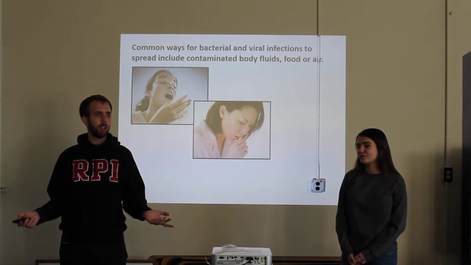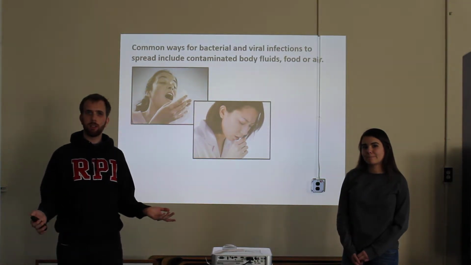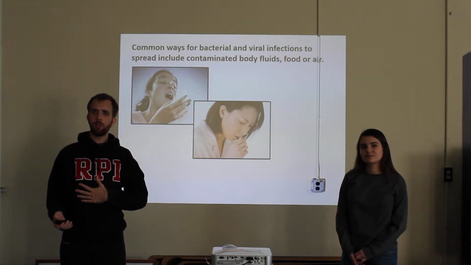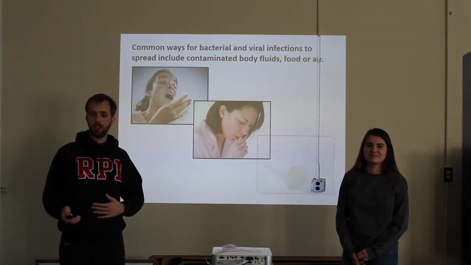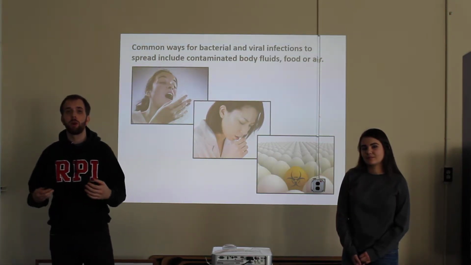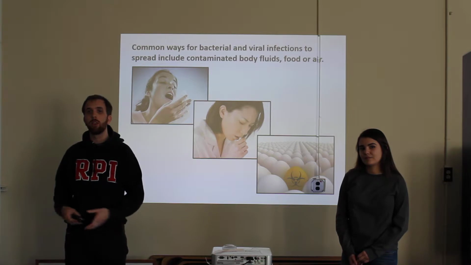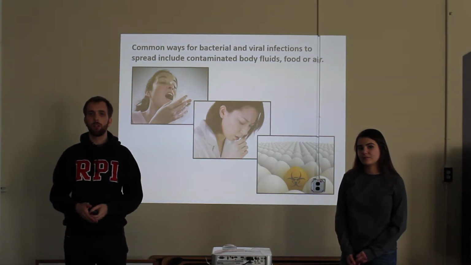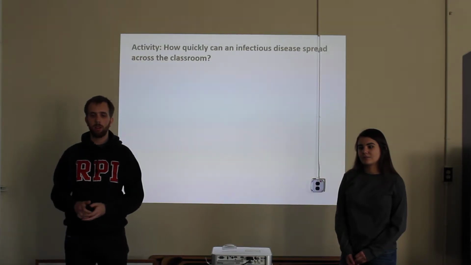Anything else? Anybody ever feel a little bit sick after maybe eating some food? Yeah. Sometimes. So food contamination is also another way that diseases can spread. So this is why we always have to cook our meats and our eggs and make sure that we keep our food refrigerated or frozen and do all those safe practices.